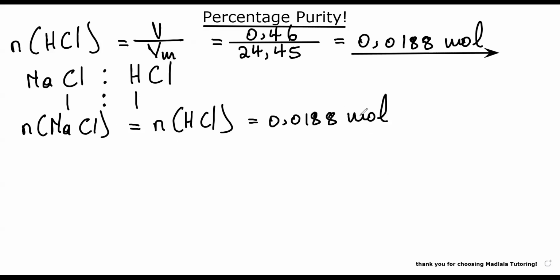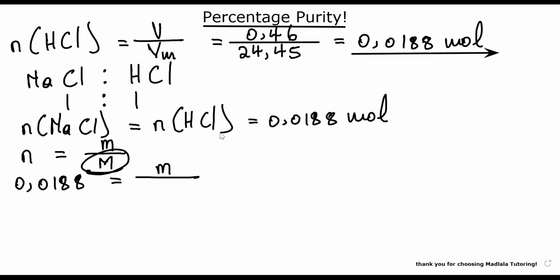Right. So now we know the moles for sodium chloride. Now we just need to find the mass. And of course, we go to our famous formula. So, well, what is the molar mass for this sodium chloride? Well, for sodium, it's 23. And for chlorine, it's 35.5.